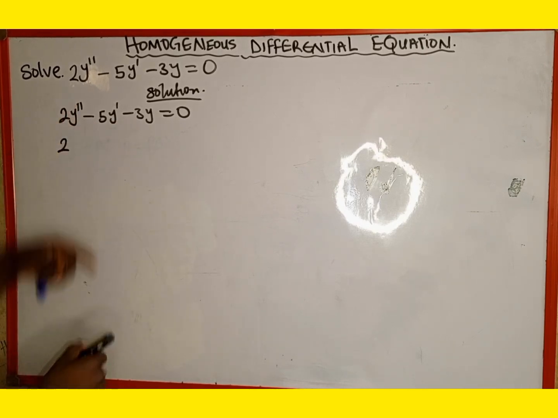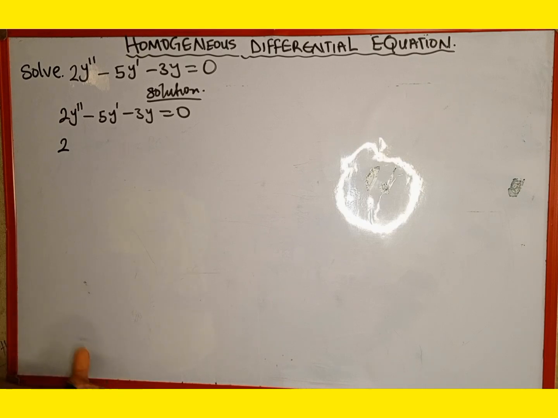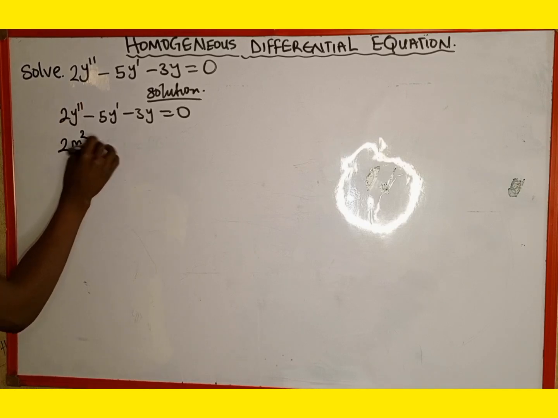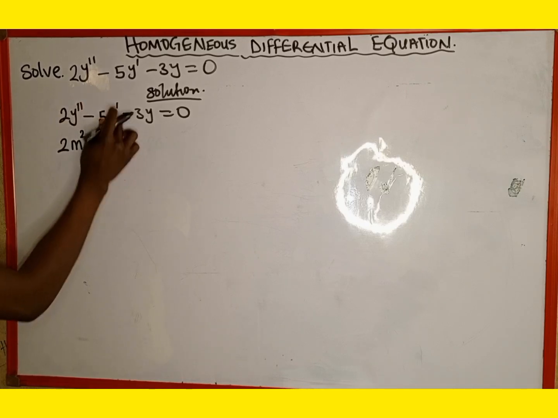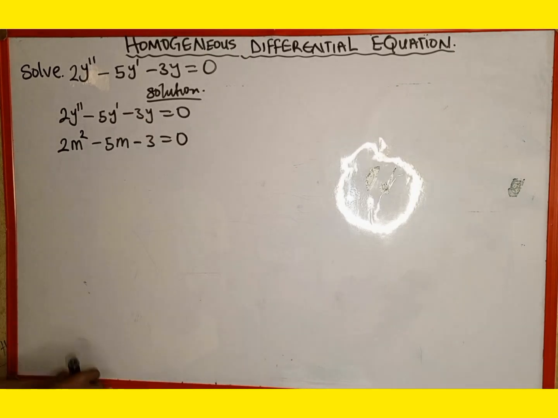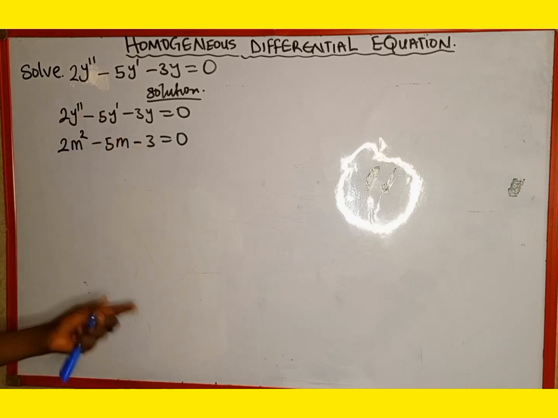Then this y'', you can represent it by any variable. So let us use m. So m to the power of 2 because it's second power. Then minus 5m to the power of 1. Then minus 3. 3 is constant, which is equal to 0. So this is how to write the auxiliary from the given homogeneous differential equation.